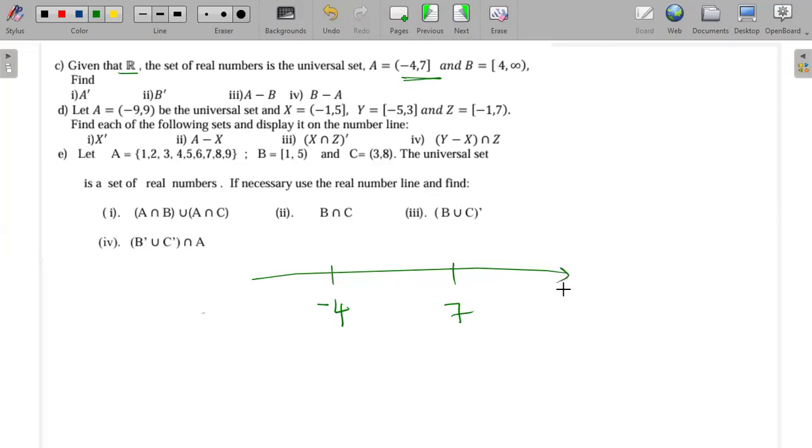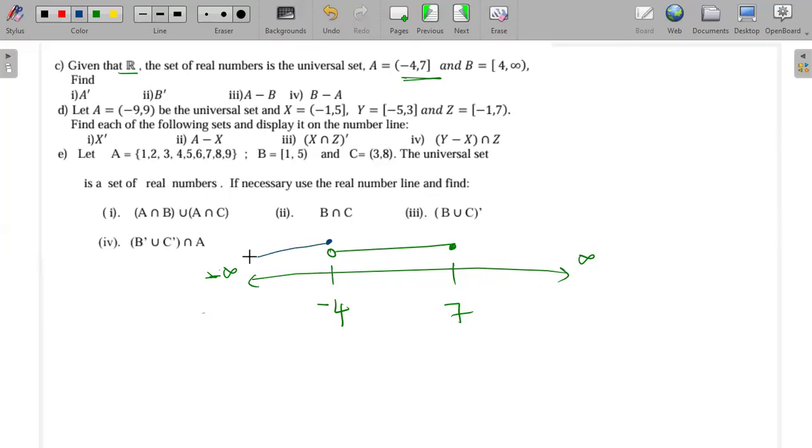And of course, they're telling us the universal set is the set of real numbers from negative infinity to positive infinity. So now, my A is open at -4 and goes all the way to 7, and it's closed at 7. So when I'm looking at the complement of A, it's going to be closed at -4, since if -4 is not in A, it has to be in its complement.